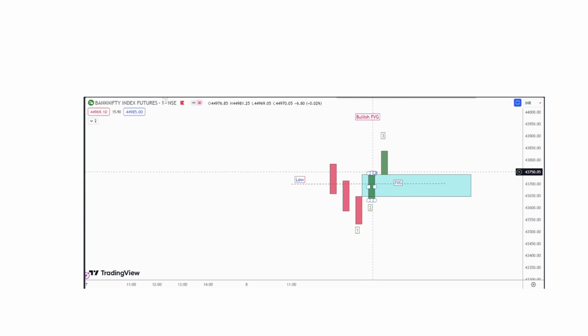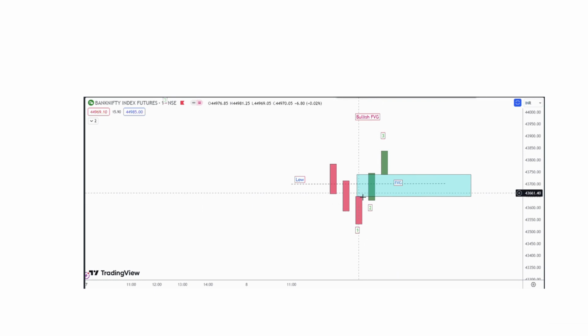Candle number two is the only candle that will be touching candle number one as well as candle number three. Candle number three low under no circumstance will touch the high of candle number two or the high of candle number one, or close below the high of candle number one. I hope this is clear.